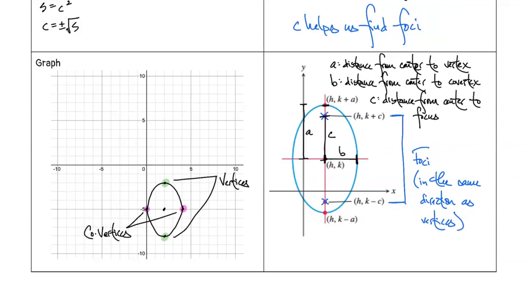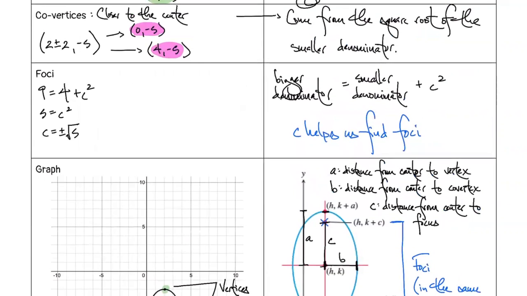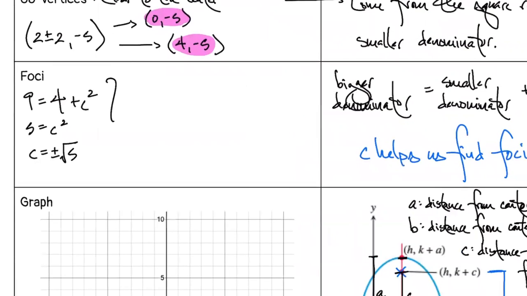Yeah, so our one focus might be somewhere here, the other one might be somewhere here. So just like the vertices, we're changing the y value, so we're going to add it to the y value. And so when we do that, we'll get 2, -5 plus or minus square root of 5.